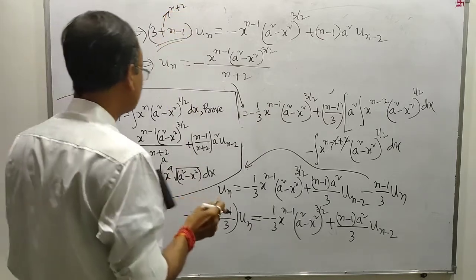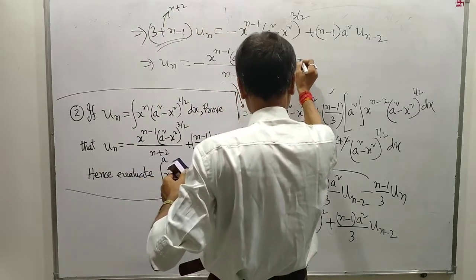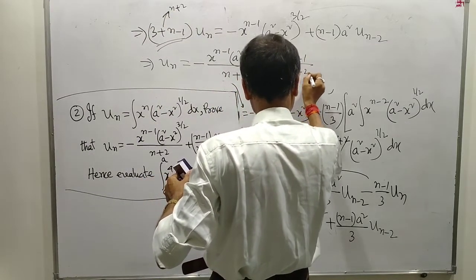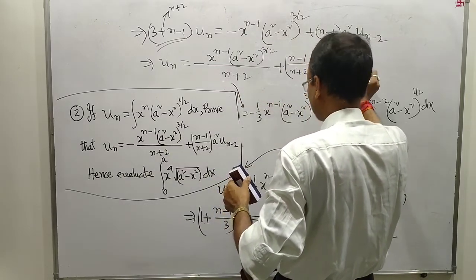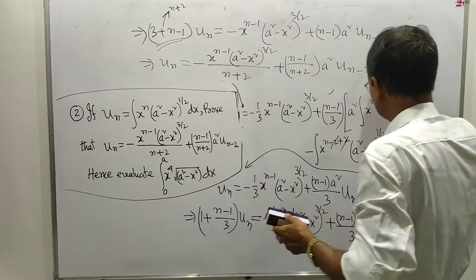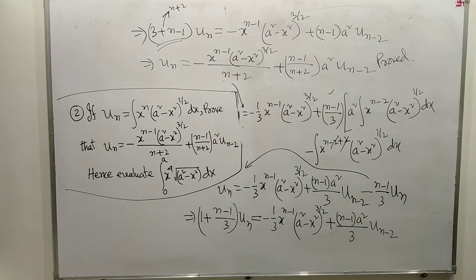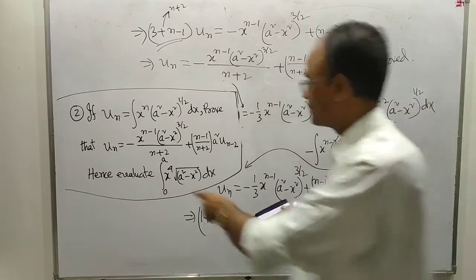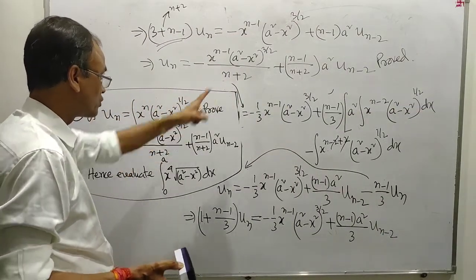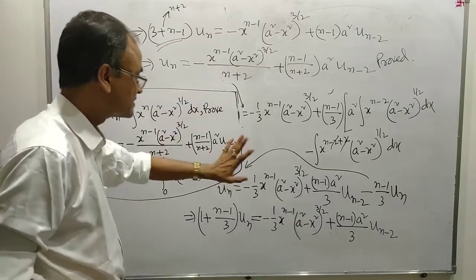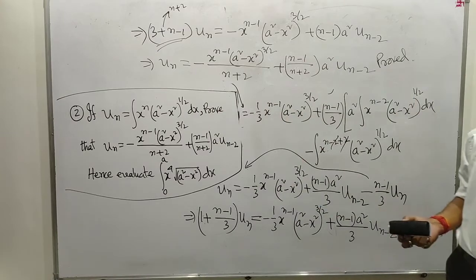Plus (n minus 1) by (n plus 2) a square un minus 2. You may write here proved. Just note it. We have proved this one. Un equal to minus x to the power n minus 1 (a square minus x square) whole to the power 3 by 2 by n plus 2. Thus, the first part has been proved.